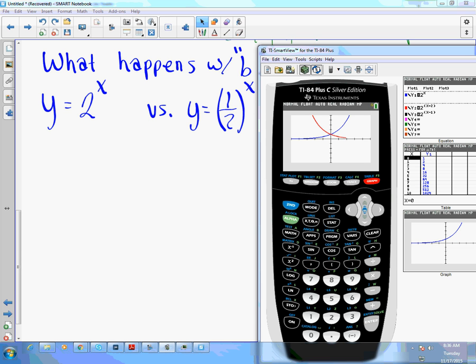What happened to it? It decreased. So the blue one is called exponential growth. The red one, when we have a base of a fraction between 0 and 1, is called exponential decay.